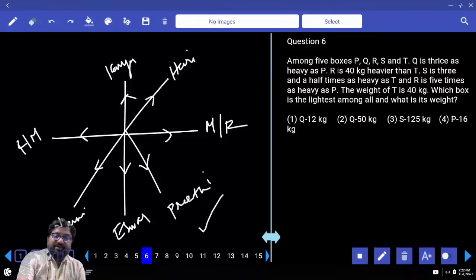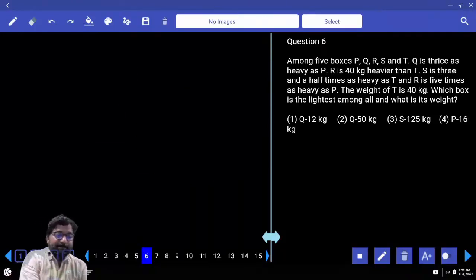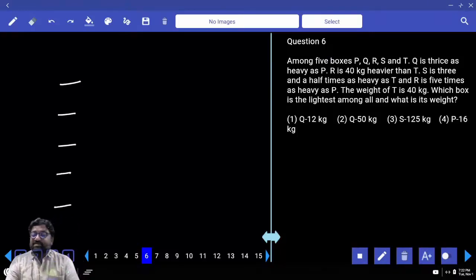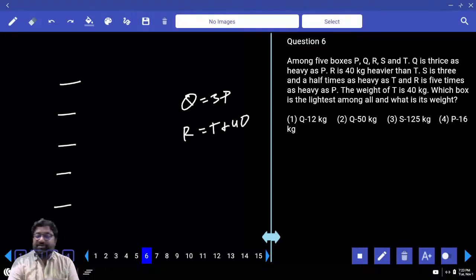Next. Among 5 boxes, P, Q, R, S, T, Q is thrice as heavy as P. Q equals 3 times P. R is 40 kgs heavier than T, so R equals T plus 40.